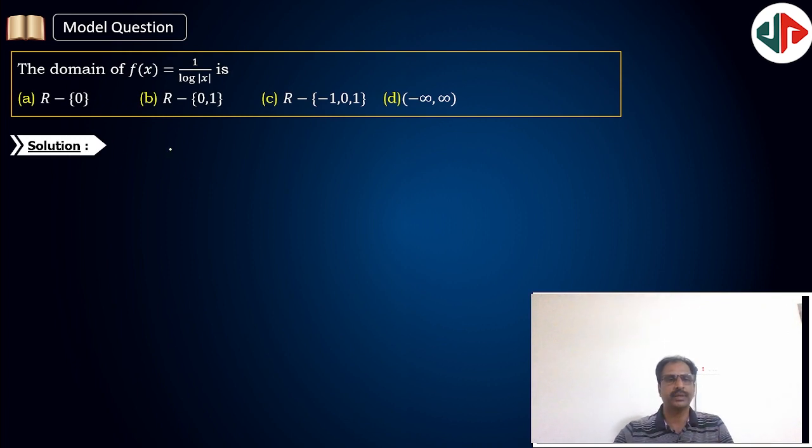Next, the domain of 1 by log mod x. Domain means set of values where the function is defined. Here for the function to be defined, log mod x should not be 0, which means mod x should not be 1, which means x should not be plus or minus 1, and the logarithm is not defined when x is equal to 0, so x should not be 0 also.